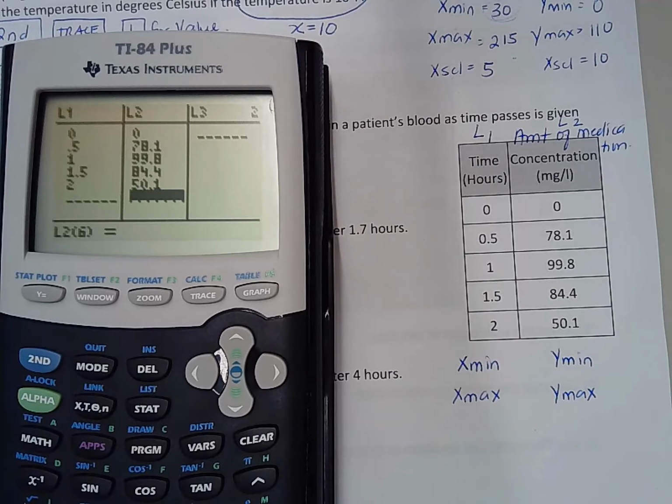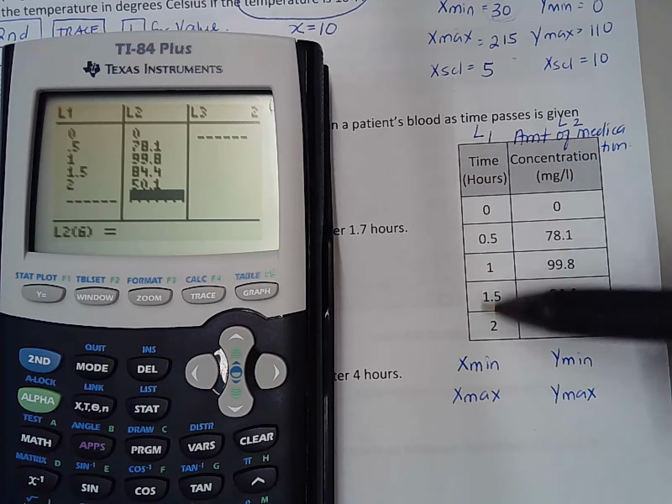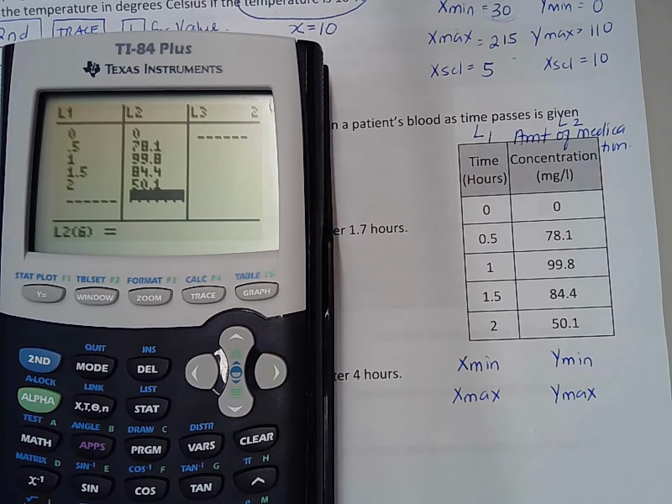Now that we've entered the data in L1 and L2, we should figure out what our X min and X max will be so that we can see all of our points on our grid, on our screen. Any suggestion on what we should do for X min and X max?